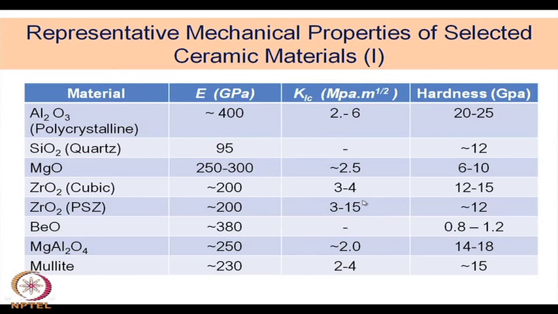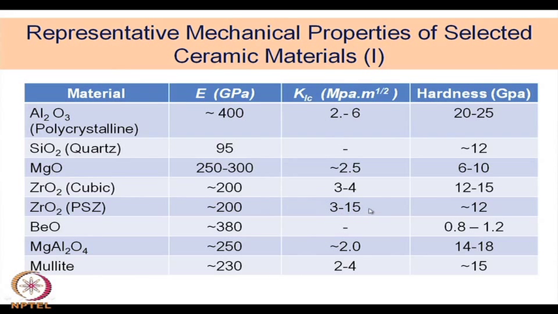Of course, the range is also large, it is only 3 to 4, whereas it can go up to 15, which is a very high value, but it can be as low as that depending on what kind of microstructure, how it has been prepared, and what is the size of the second phase and so on.